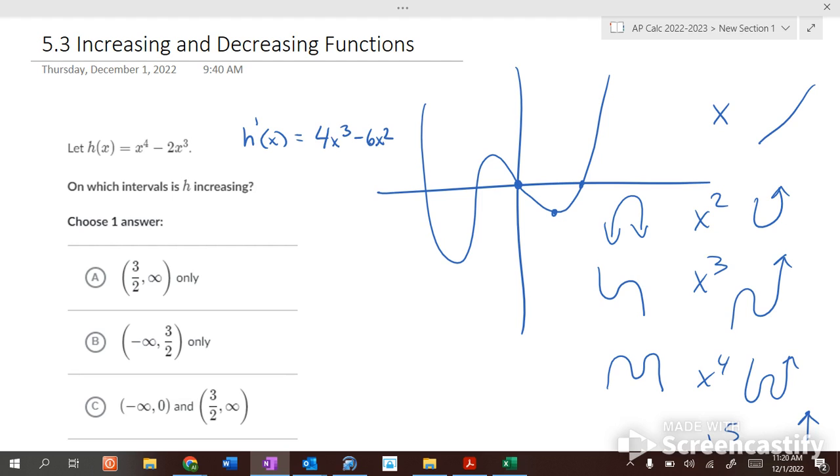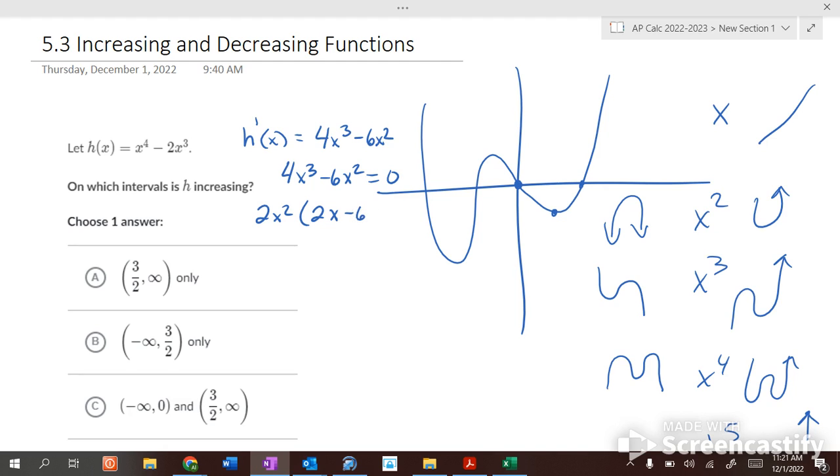Then let's find the critical numbers. How do we find critical numbers? Set the first derivative equal to 0. Factor out the greatest common factor. 2x squared, and we get 2x minus 6, right?